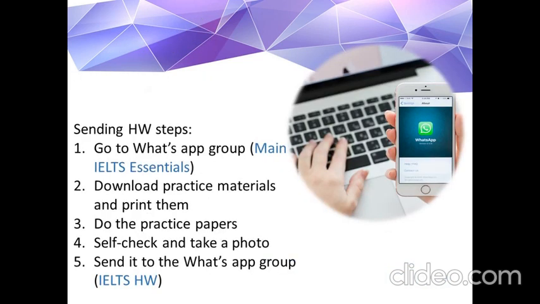Okay, so as I repeated in the previous lesson 8, here are the steps of how to send the homework. Just keep in mind that we have 2 WhatsApp groups, main IELTS Essentials and IELTS Homework.